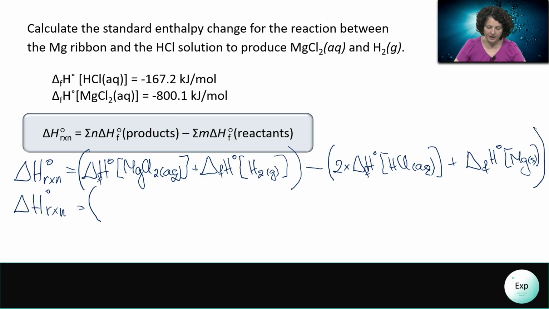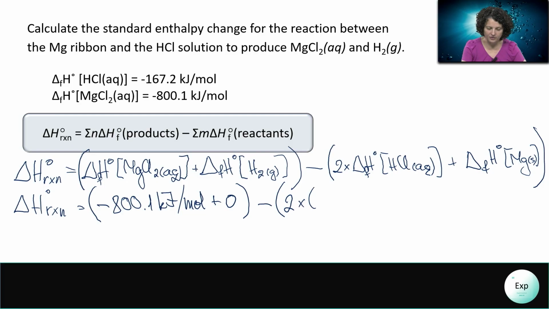For the product side, we have the standard enthalpy of formation for the magnesium chloride solution, which is minus 800.1 kilojoules per mole, plus the standard enthalpy of formation of hydrogen is going to be 0 because the enthalpy of formation of elements as they appear under standard state condition is 0. So we can just add that 0 there. From these, we subtract the sum of the enthalpies of the reactants: 2 times the standard enthalpy of formation of hydrochloric acid, which is minus 167.2 kilojoules per mole.